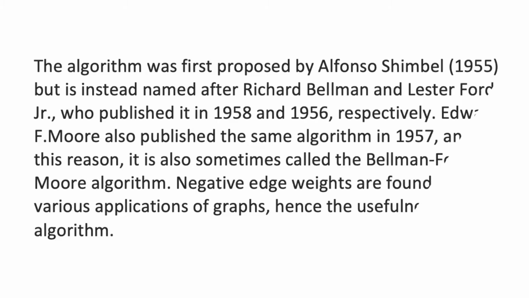The algorithm was first proposed by Alfonso Shimbel in 1955, but is instead named after Richard Bellman and Lester Ford, who published it in 1958 and in 1956 respectively. Edward F. Moore also published the same algorithm in 1957, and for this reason it is also sometimes called the Bellman-Ford-Moore algorithm.